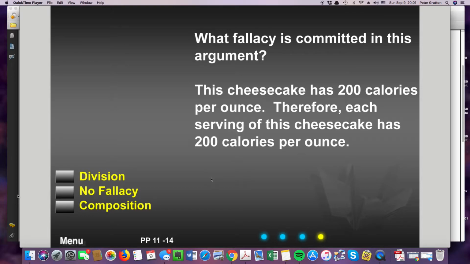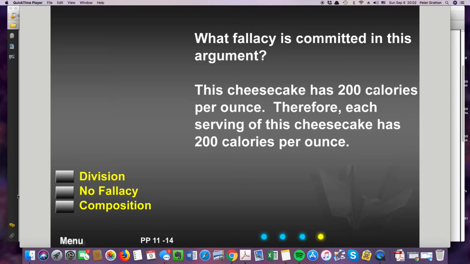This cheesecake has 200 calories per ounce, therefore each serving of this cheesecake has 200 calories per ounce. Okay? Yeah, so this could be a fallacy of division, moving from the whole down to its parts. I tend to think that we should see some homogeneity across the cheesecake.